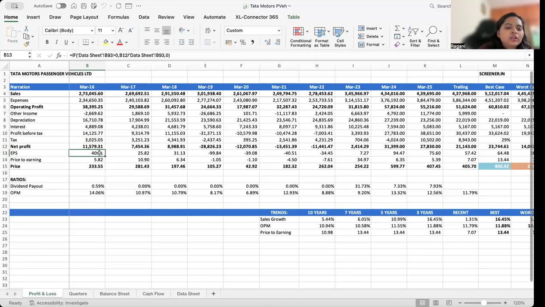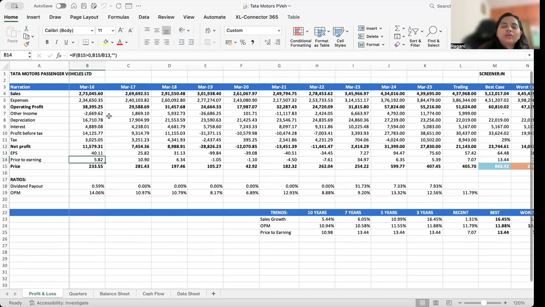Then I calculated EPS, earnings per share. I used the IF function, where first I took the data from the data sheets. Then I calculated price to earnings.